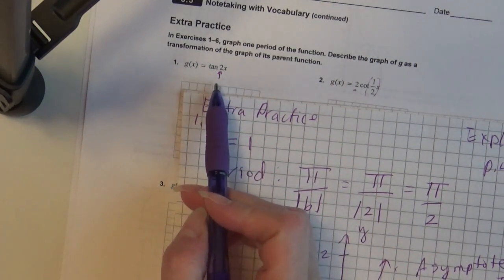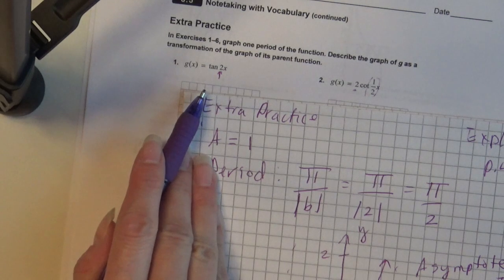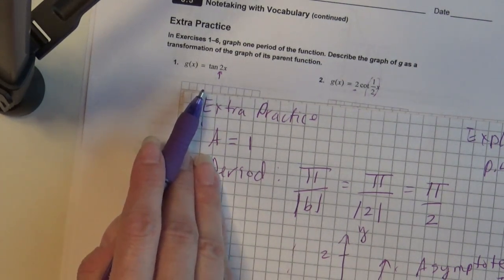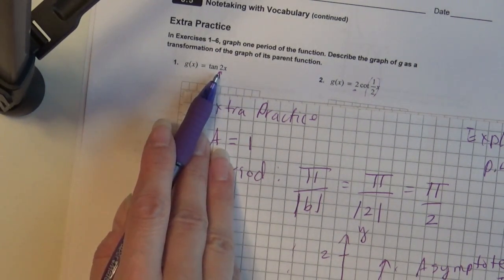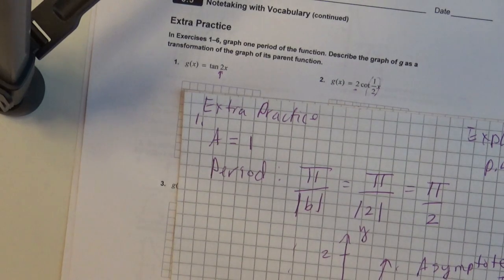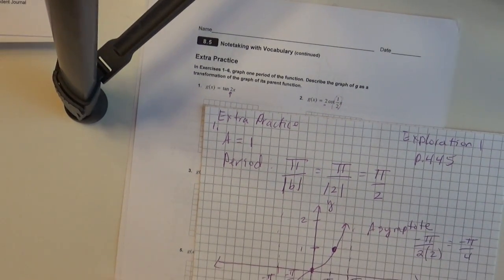But the 2 here, that's being multiplied to the x, is a horizontal shrink or stretch. With the horizontal ones, if you remember way back at the beginning of the school year, you find the number multiplied by the x, and then you do the reciprocal. So this is going to have a horizontal shrink of 1/2.